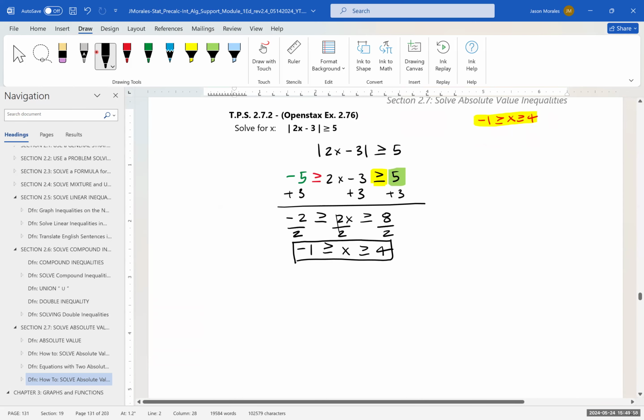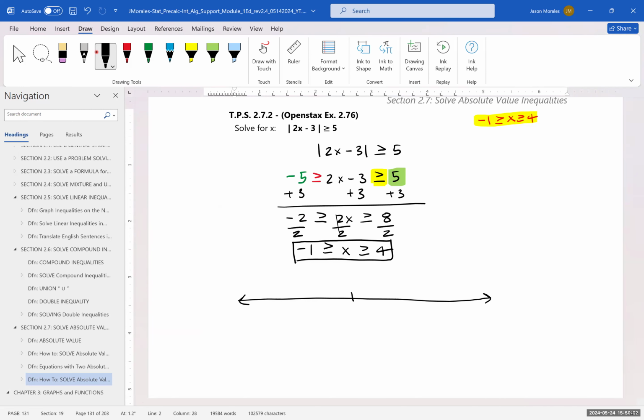All right, but let's graph this on a number line. We've got 0, 1, 2, 3, 4, 5. So let's label this by 2's. And then we've got negative 1, negative 2, negative 3, negative 4. Okay, so first, we've got x is greater than or equal to 4.